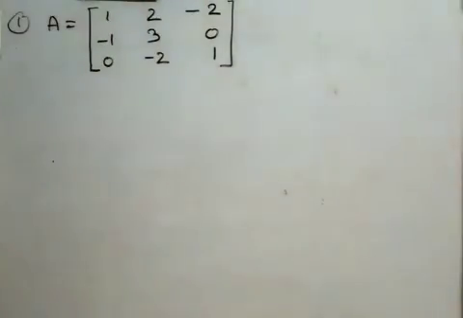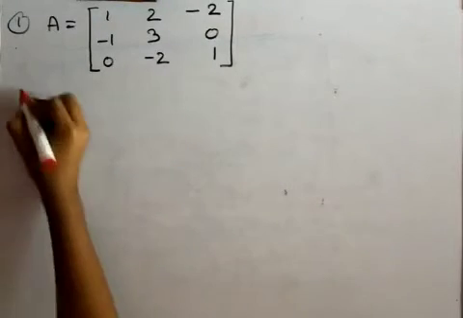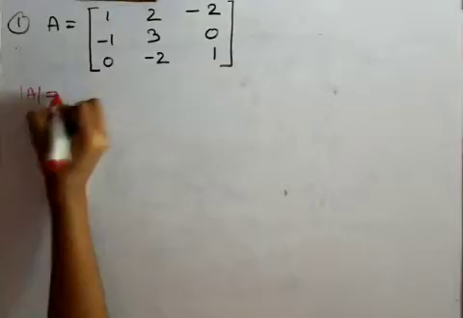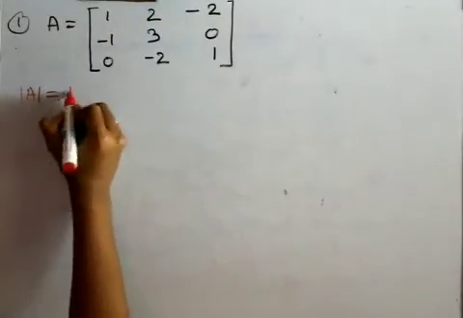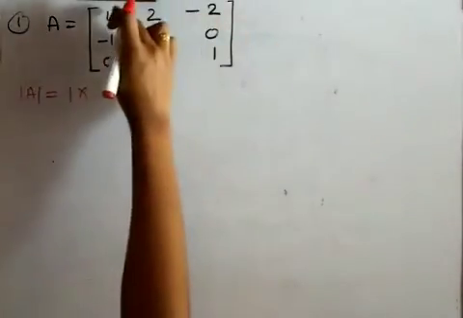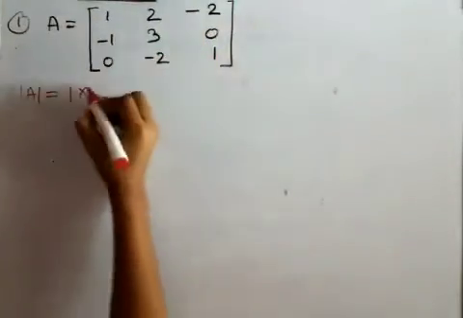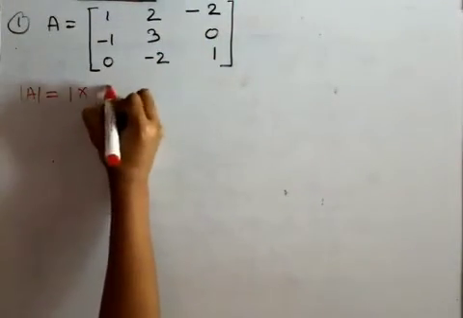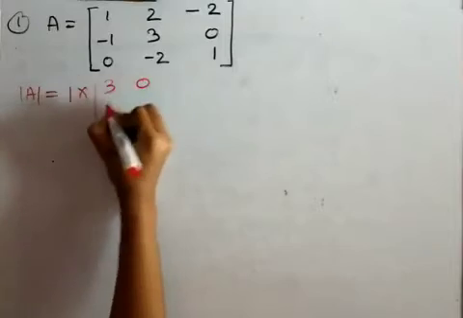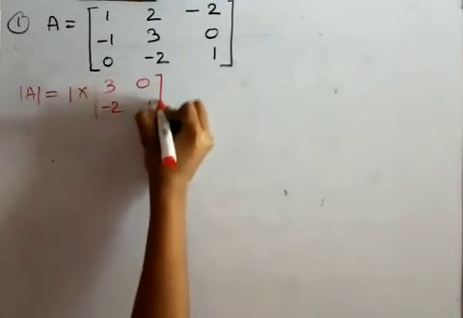So first, as before, we find the determinant of A. We know how to find the determinant. Omitting the first row and first column, we get the determinant of the 2 by 2 matrix 3, 0, minus 2, 1, right?